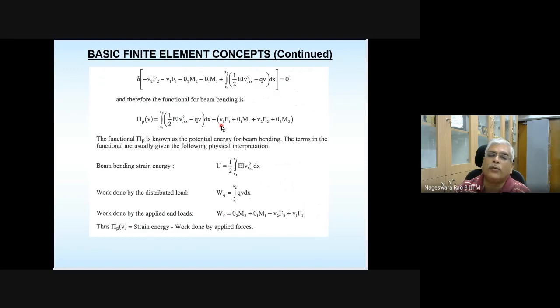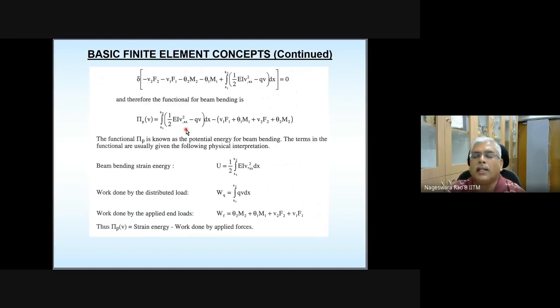Now we need to substitute the finite element approximation of V, and the finite element approximation of the derivative of V, which is nothing but your slope. But for the finite element approximation, we need to know the shape functions. If it is a two-node bar element, we know the shape functions.